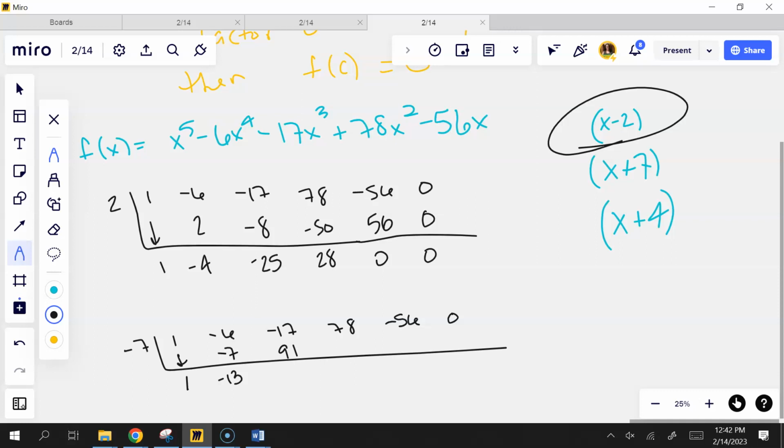X plus 4 works perfectly fine. I think X plus 7 is a liability. I don't trust myself today. I got 2,900. I got 2,100.